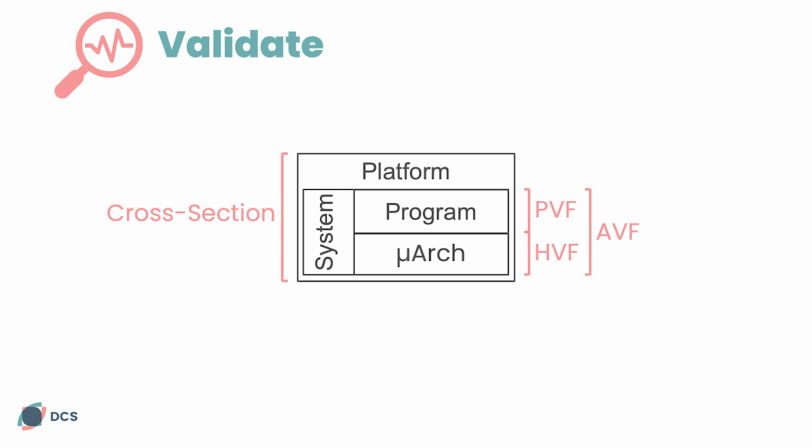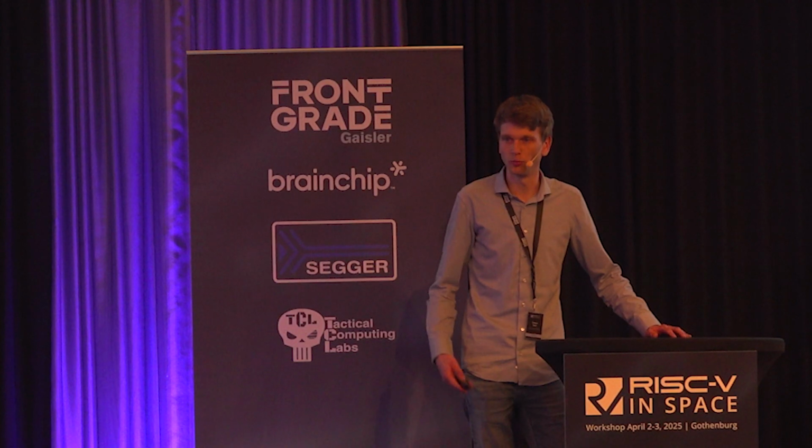And if we're doing beam experiments, we can only get some insight into the whole platform. So at our final step, in our validation step, we are making a correlation between all these different activities we do, such that we can actually get an insight into the program or the microarchitecture we want to improve and make more reliable.